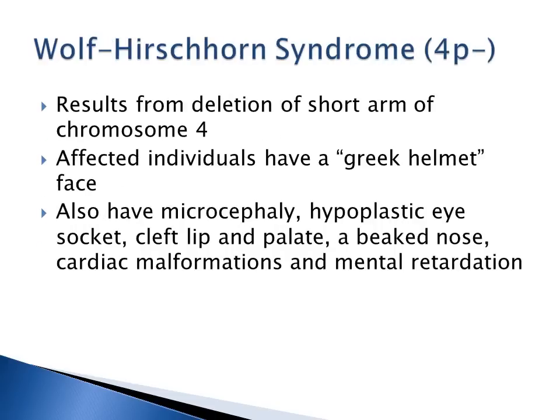In Wolff-Hirschhorn syndrome, you get a deletion of the short arm of chromosome 4. And affected individuals have what's called a Greek helmet face. They also have microcephaly, hypoplastic eye socket, cleft lip and cleft palate, a beaked nose, cardiac malformations, and mental retardation.